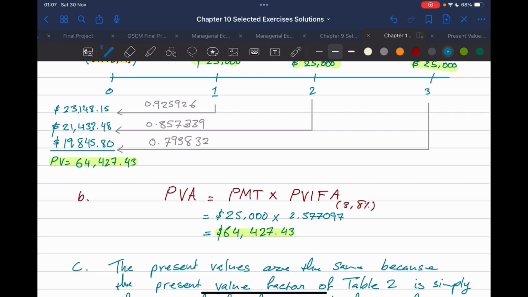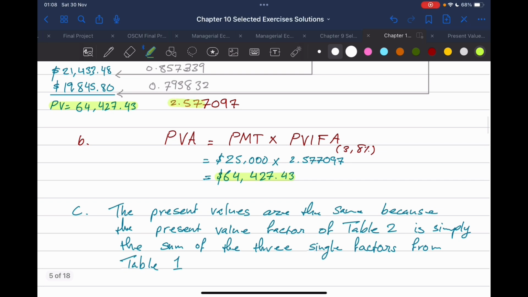So on my calculator, and on yours if you want to give it a try as well, calculate 0.925926 plus 0.857339 plus 0.793832 equals, and the number that I have is 2.577097, which is the same amount that we used right here.